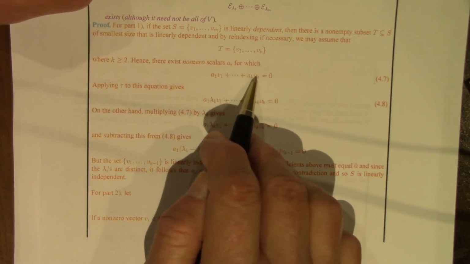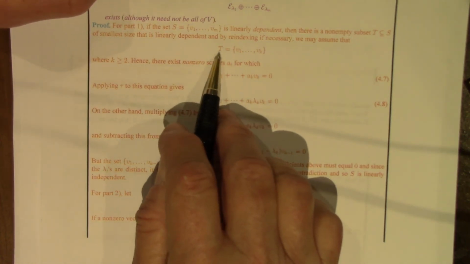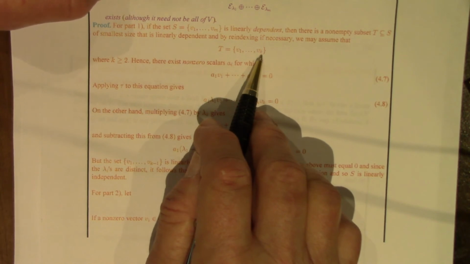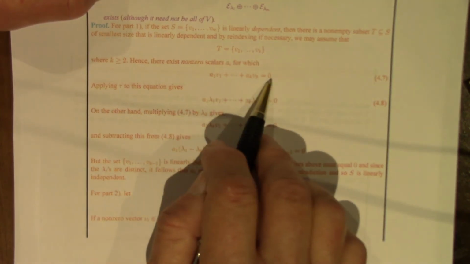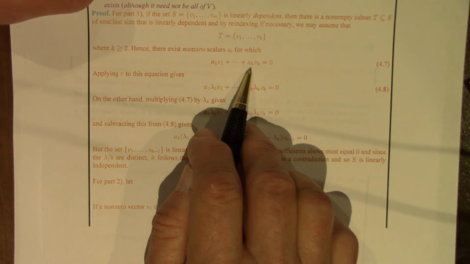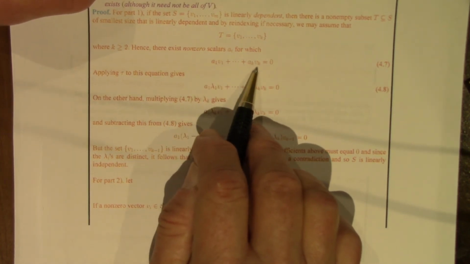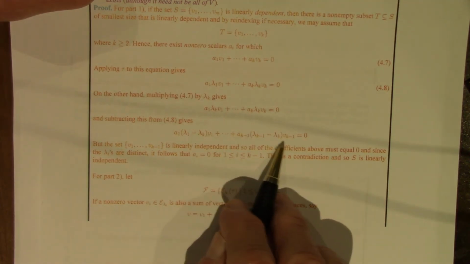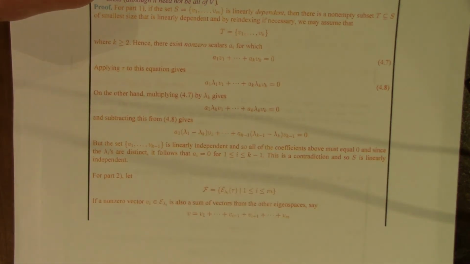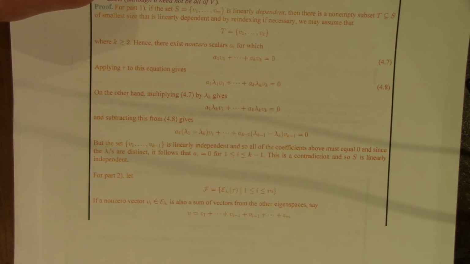And that's not possible because of the way we picked T. This is the shortest linear dependency. It's a linear dependency with the fewest number of terms. But this one has one fewer term. We have a contradiction.